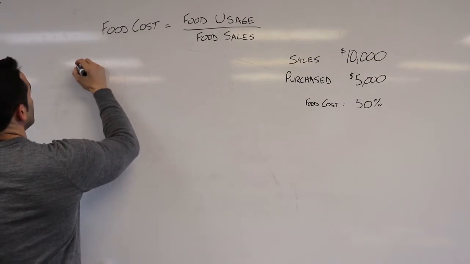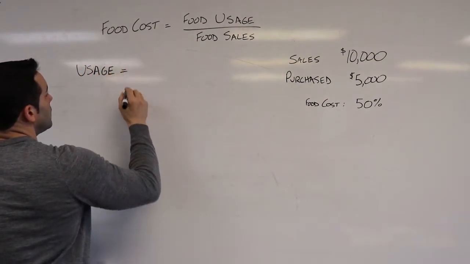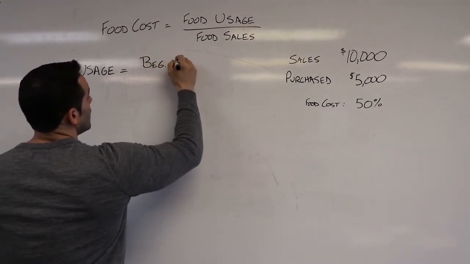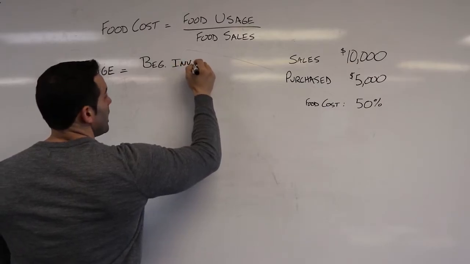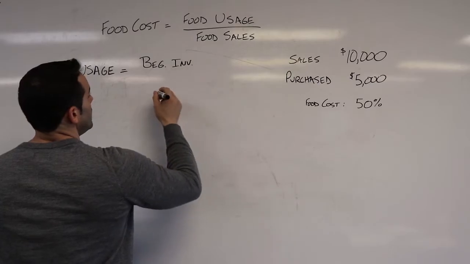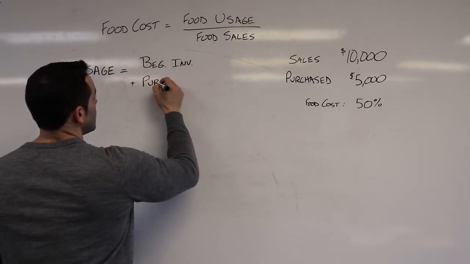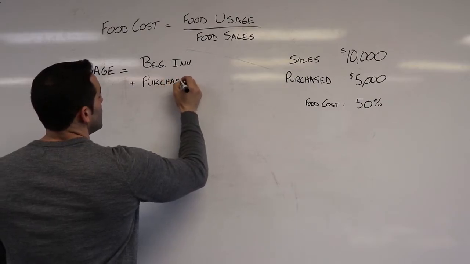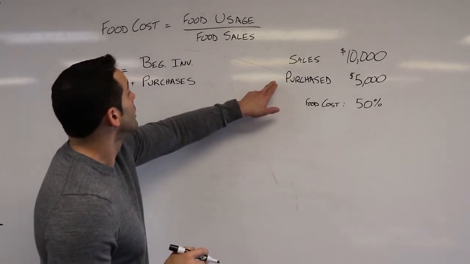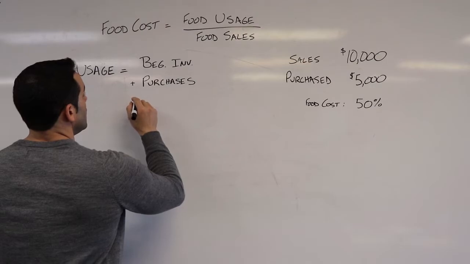So usage equals our beginning inventory, and we'll put some numbers to this equation in a second. Beginning food inventory plus our purchases. So purchases are relevant, they're just not the numerator in our equation.